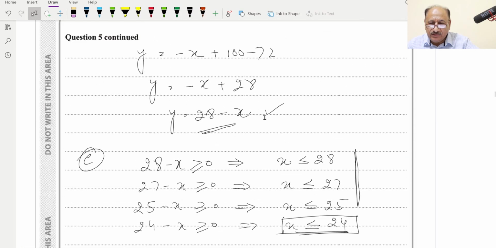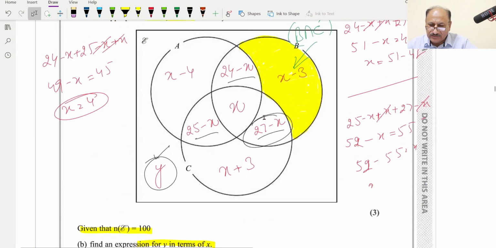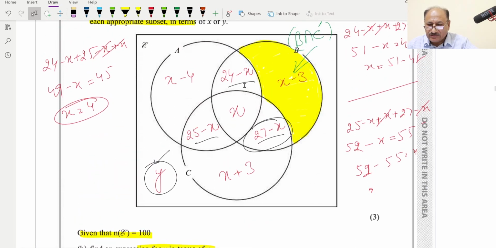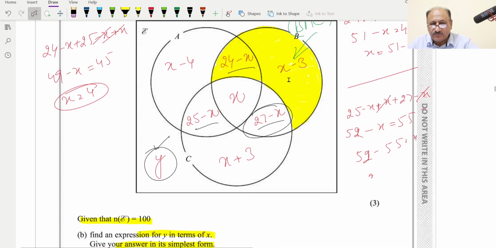Basically I left this region out; this region we also have to shade. So this is the part which is showing B intersection C complement. That's why we added these two, 24 minus x plus x minus 3.